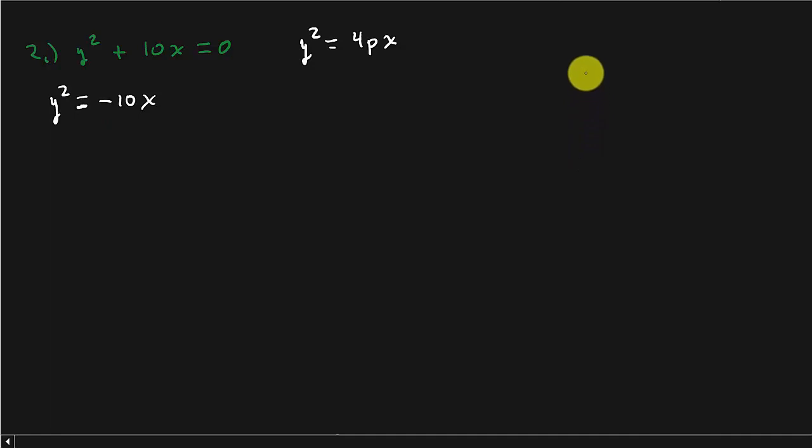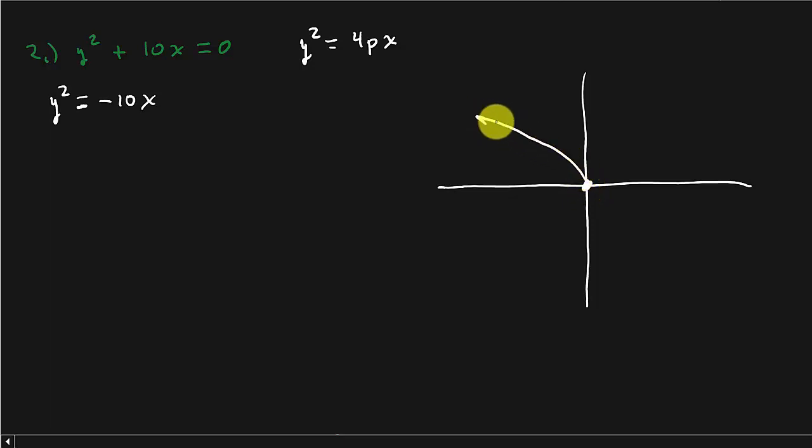All right, so we know the vertex is at 0, 0, and we know it's opening to the left. We know the focus is going to be over here, and our directrix is going to be a vertical line over here. So let's figure out what p is. We've got negative 10 in front of x, so 4p equals negative 10.